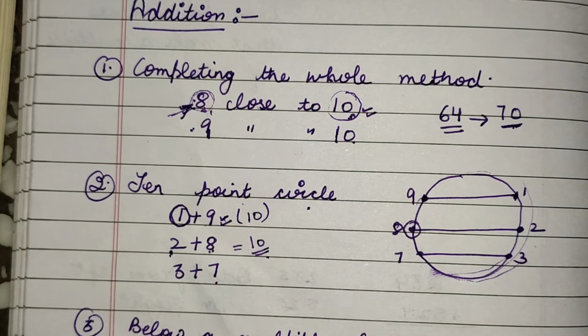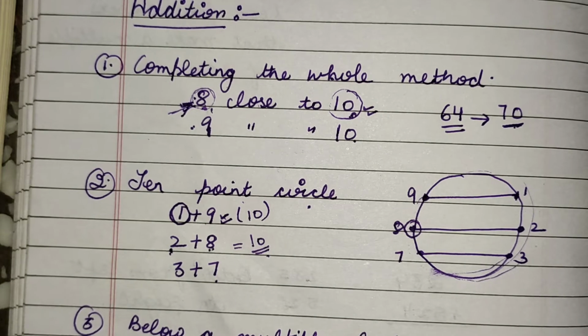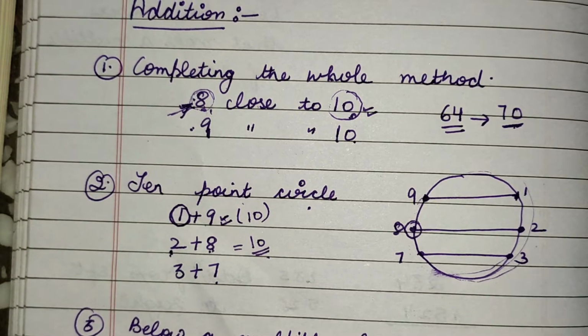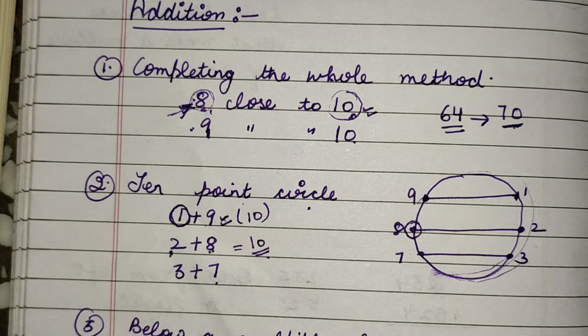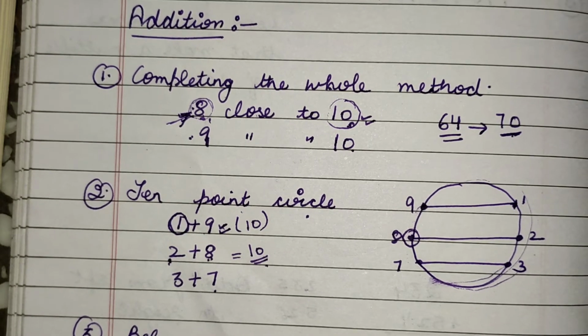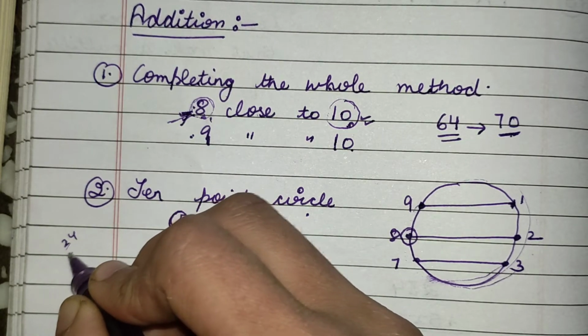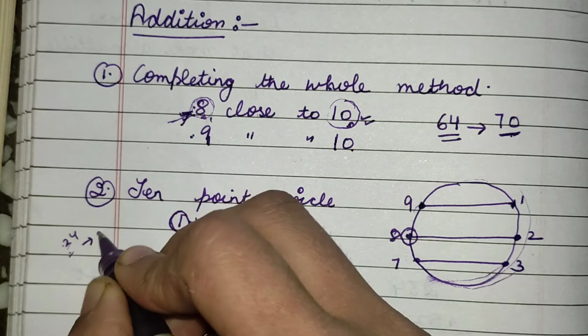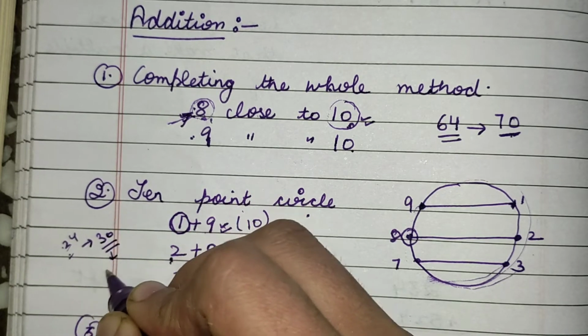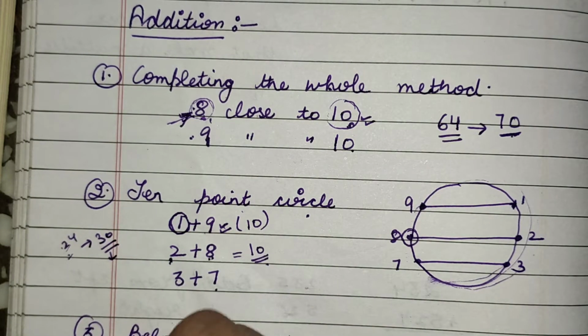Why are we considering only the nearest multiple of 10? Because it is very easy and we can solve those values mentally only. We do not need a copy and pen to solve those problems, because once 24 is converted to 30, it is very easy to add it to any other value.